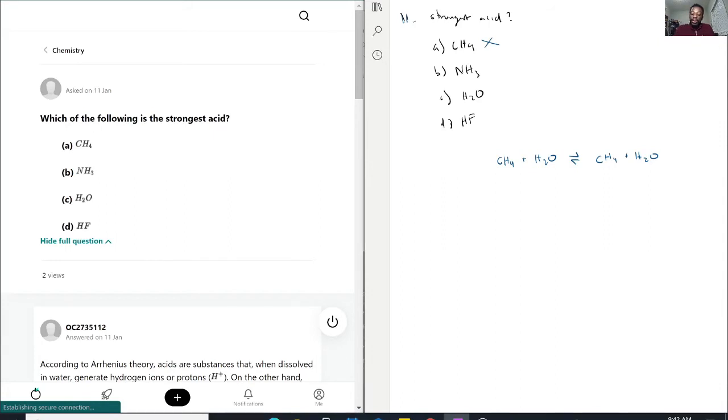Now, NH3, when it reacts with water, funny enough, that's how we go from ammonia to the ammonium ion. So, if this is now taking a hydrogen from water, that actually makes it a base.